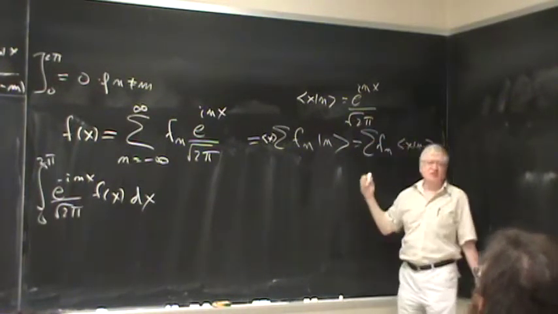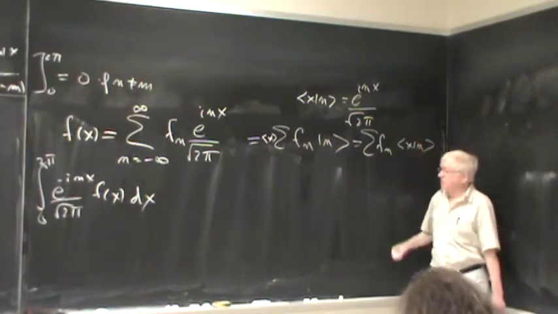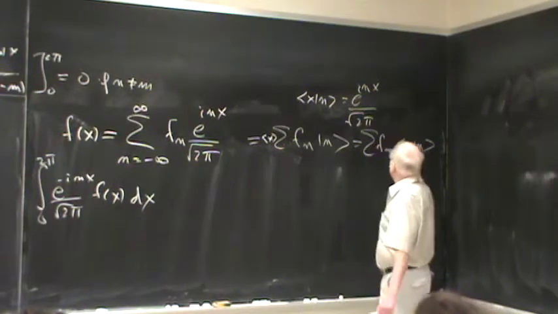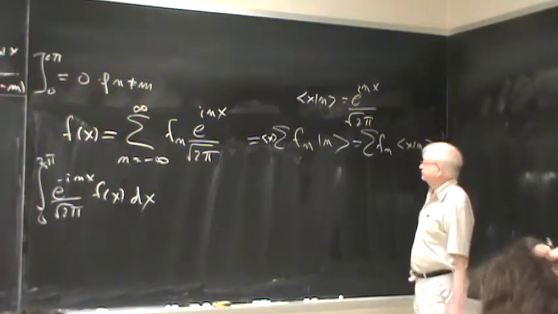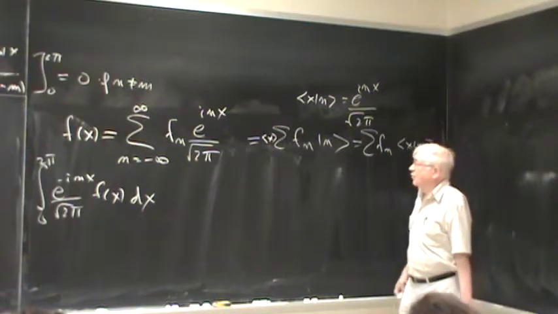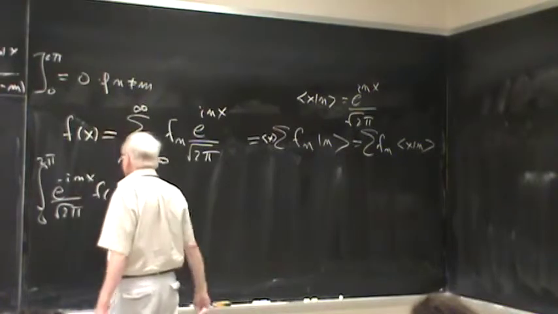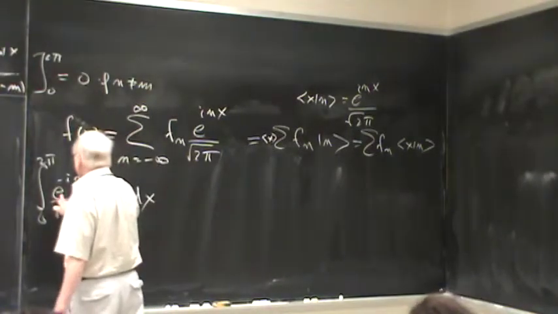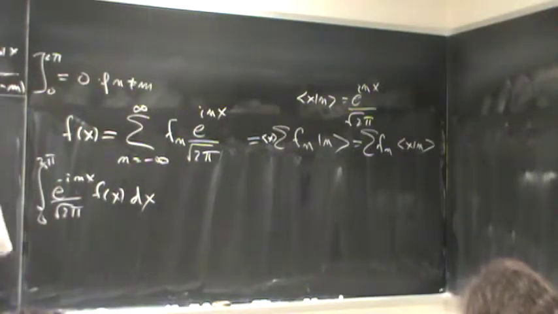So I'm doing the analogy now with linear algebra. And now to find out what the f n's are, well, what we do is take the inner product here with x n, that is to say f n.